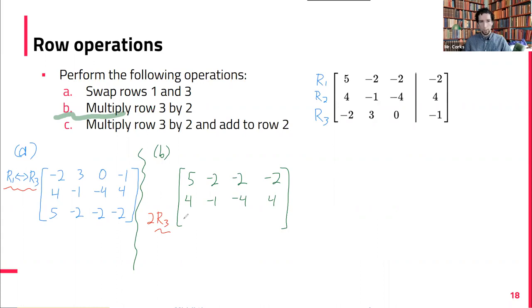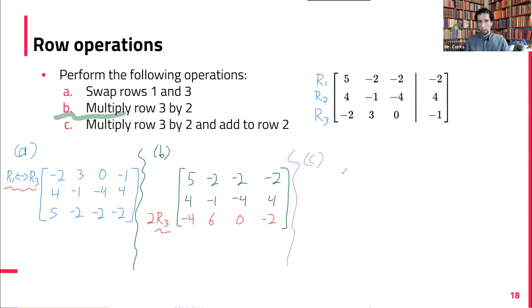I haven't heard anyone say the right values yet. -8, -4, okay. 6, 0, -2. Yes. Okay, so there we go. We're just multiplying everything that was in row 3 by 2. And we're done.